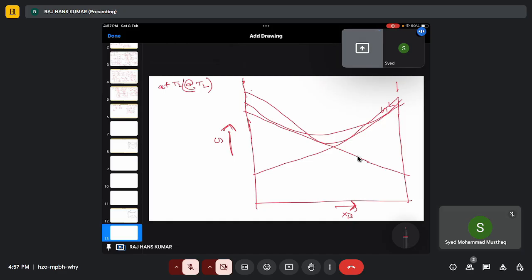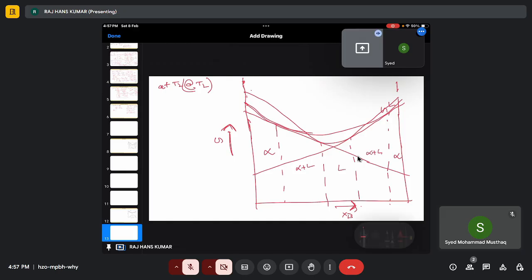Now this phase touches here. So this is my alpha. This is my alpha again, and this one is my alpha plus liquid. This is my liquid, and this is my alpha plus liquid.